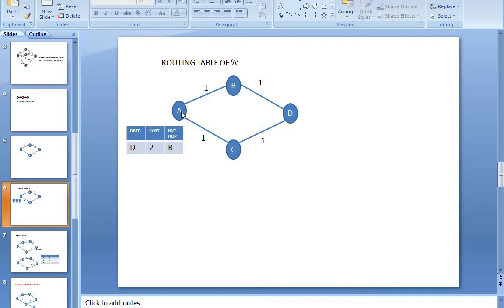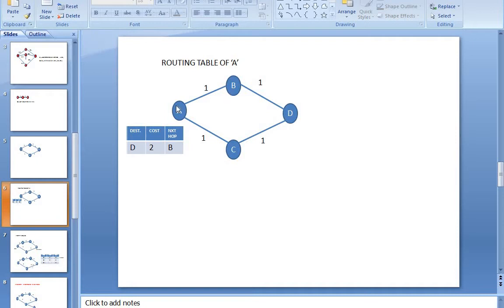It means, say A is sending data for router D. When router D receives the data, after that router A will update its routing table according to the information received from D. So router D will send some information to its neighbor, that is router B, and further router B will send the information to router A because A is the neighbor of router B. Now in this case, when B is sending information to router A, at that time the destination is router A and the cost is this, and the hop is the source.